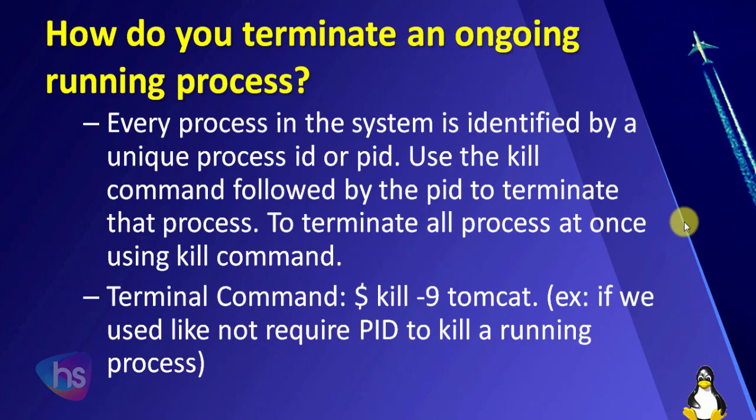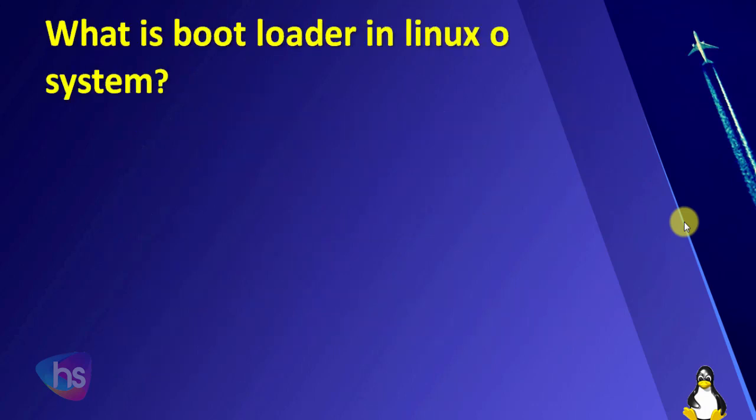If I am using tomcat, it doesn't require any PID. Straight away I know kill -9 tomcat, where I am indicating the service name. Either the service name or the PID of the service, we can specify to kill or terminate the running process. Then service start tomcat or systemctl start tomcat re-initiates the process to run. Okay, we'll see the next.